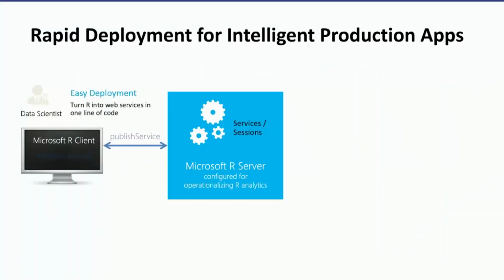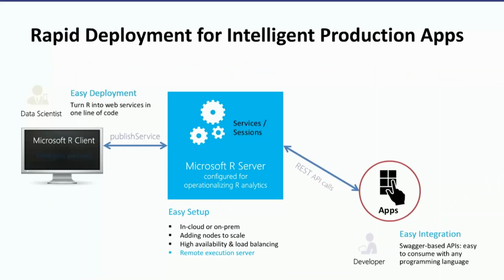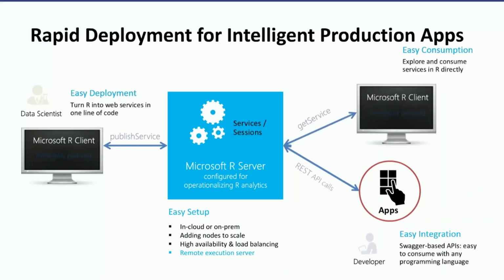So here's a look at the architecture for the Microsoft R Server web service-based operationalization. The data scientist on the left would write their code and write a function encapsulating their R code or their model, and use the publishService command to create the web service front end for that function.